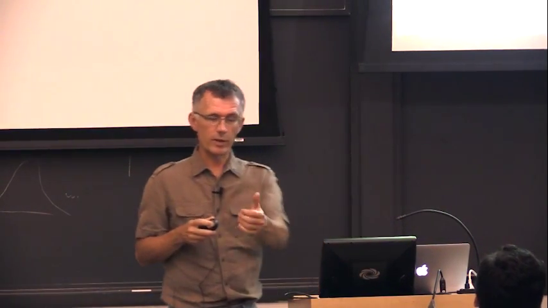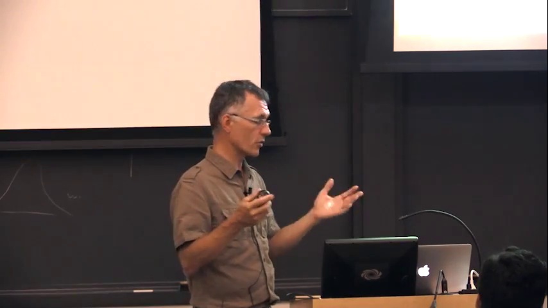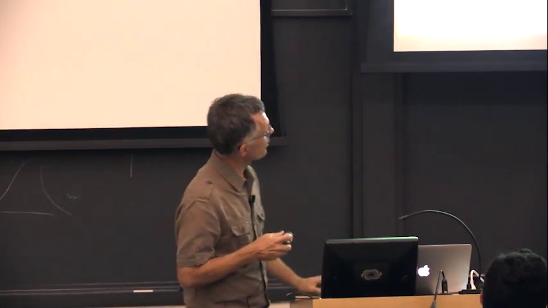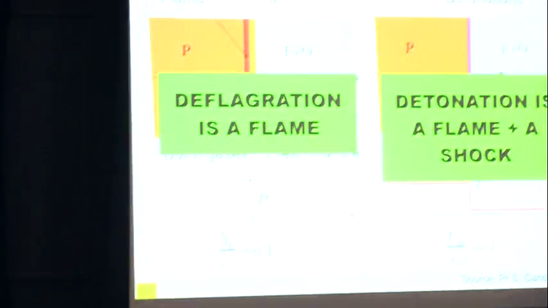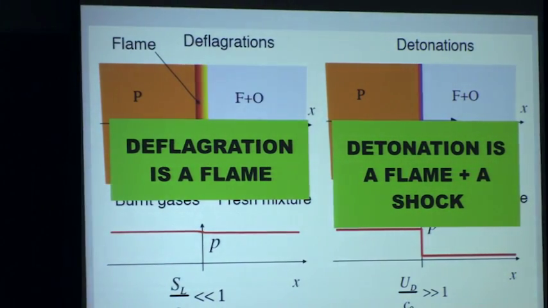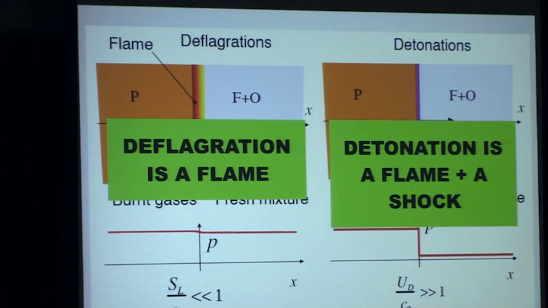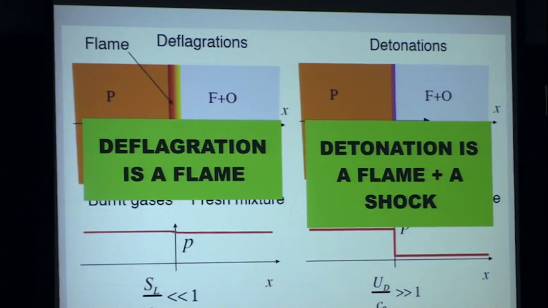So when you ignite your cigarette, you are making a deflagration, okay? No noise, it's just a flame. And detonation is a flame plus a shock, right? So detonation is really everything which you hear when you have a big explosion with a lot of noise. If your ears are killed by that, it's really a detonation. This is why all weapons typically create detonations.